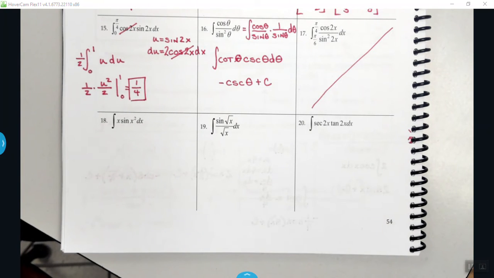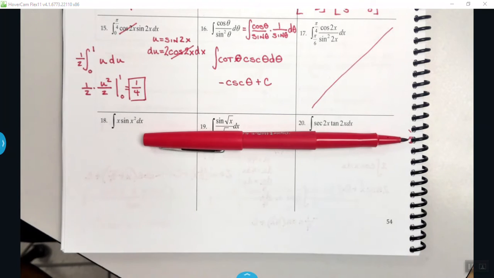There's another way you could have done that one. If I did u equals sine x, du is, what's the derivative of sine? Cosine x. So if I have this integral with cosine, then this cosine theta and that cosine theta cancel, right?